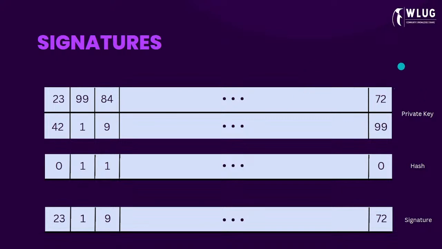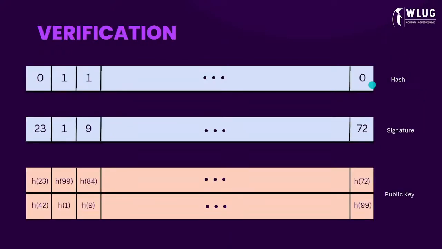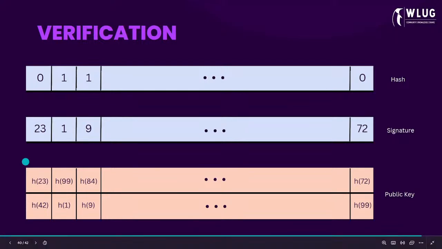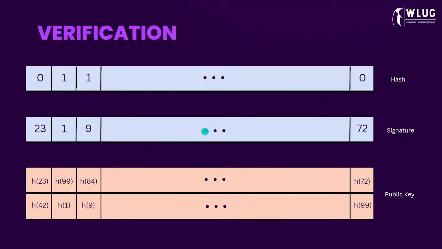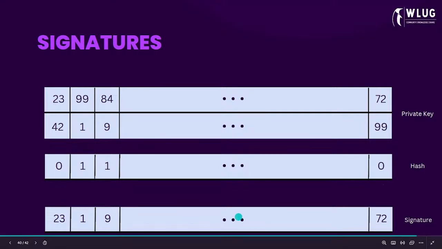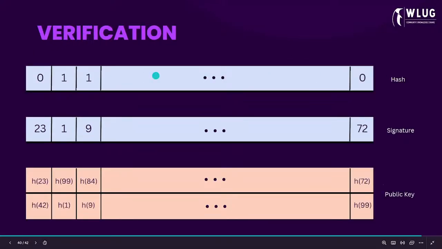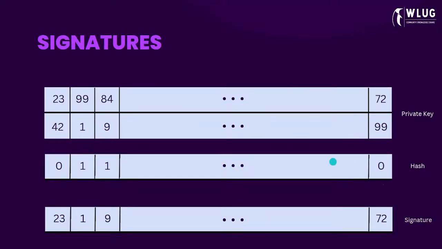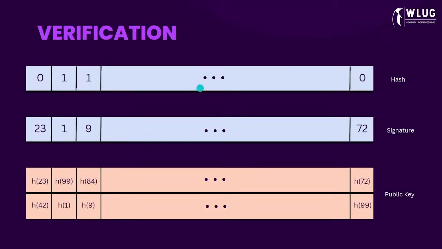So that was how signatures work. And how do we verify these signatures? What use are signatures if we can't even verify them? So let us look at the verification process. It is exactly the opposite. We have the hashes as the public key. Public key is always available. You know that. Then this is the signature we calculated in the last step, and this is the hash of the data that we want to verify. So there was data, we calculated its hash, and now we want to verify its signature.